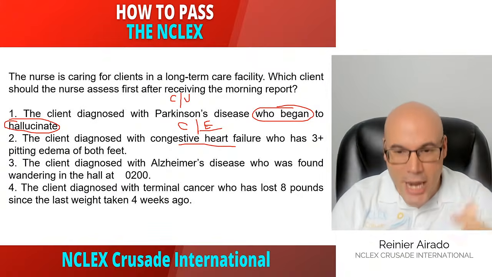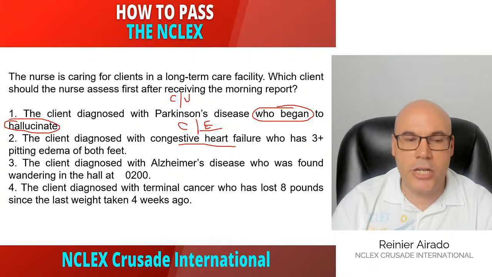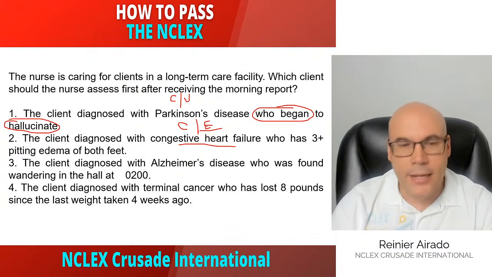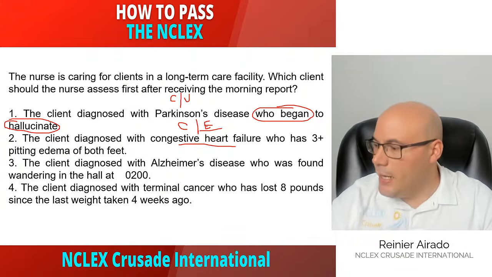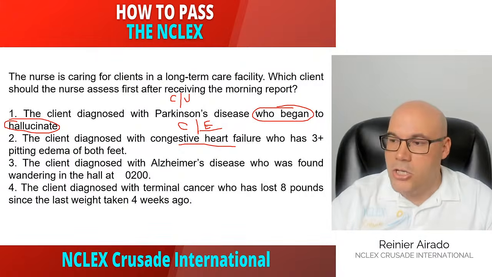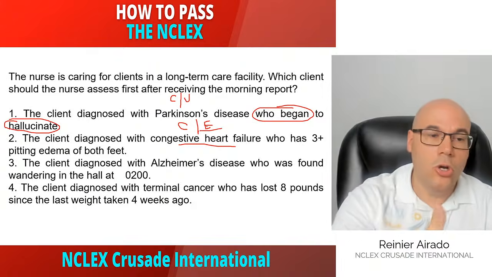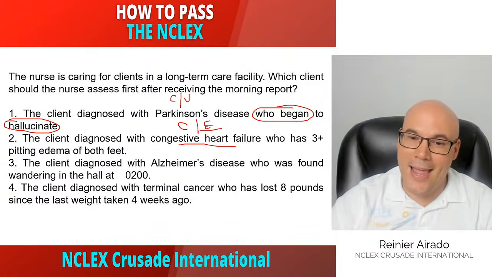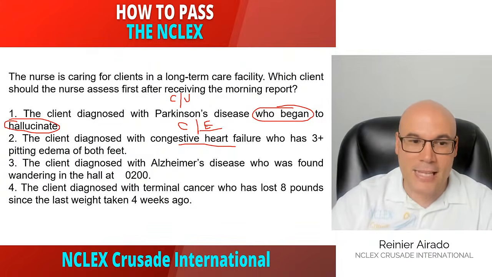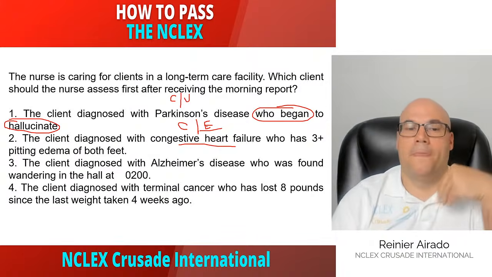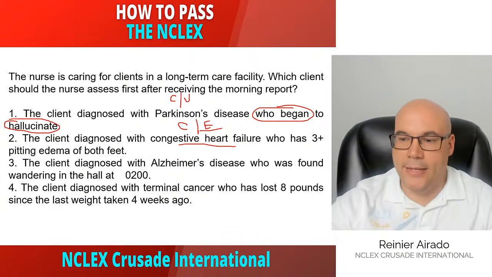Because there is a change in condition, and that change in condition is not expected in this patient. Something new is going on. So a change in condition to an unexpected condition has the priority over chronic expected. So answer number 2 is eliminated.